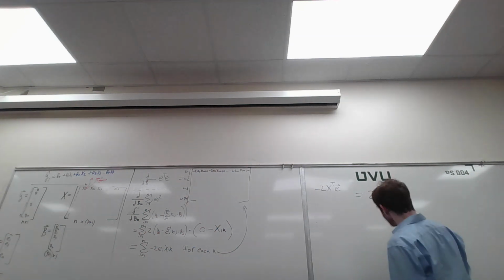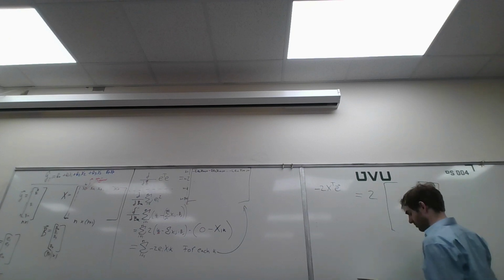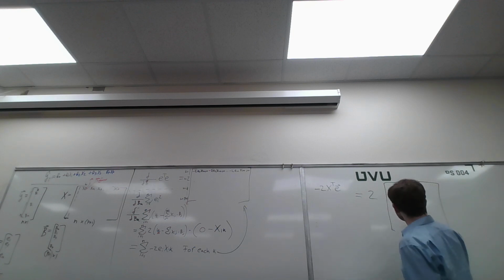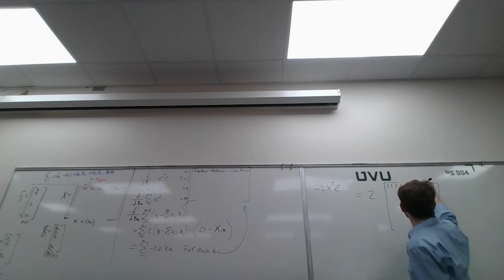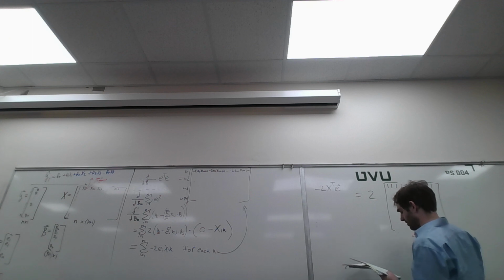So I get 2 multiplied by a matrix. This is x transpose, right? Its first row is a bunch of 1s. Its first element here is going to be x 1, 1.